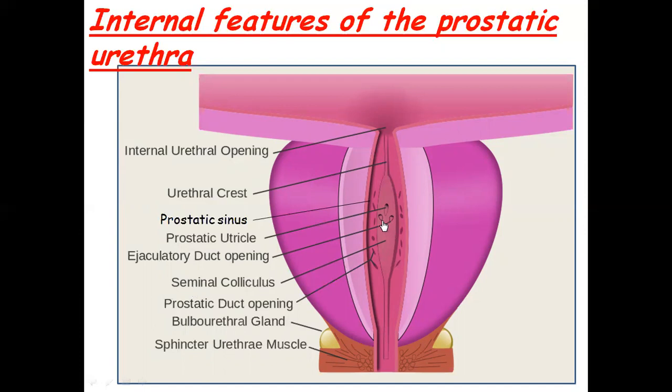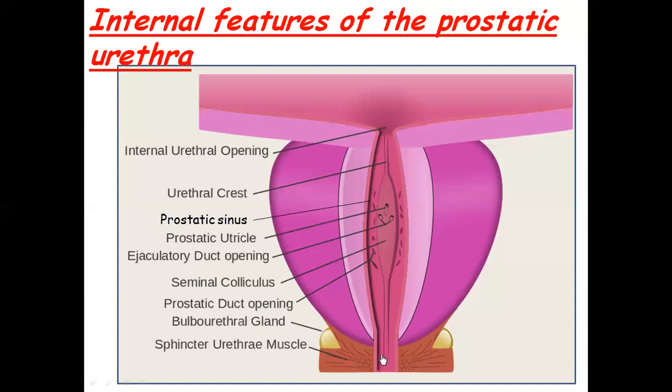We have just seen that the ejaculatory ducts open here. The 2 little openings we find on the colliculus seminalis are the openings of the ejaculatory ducts. There is an opening of the prostatic utricle, and many small openings on either side of the colliculus seminalis, which are the prostatic duct openings.